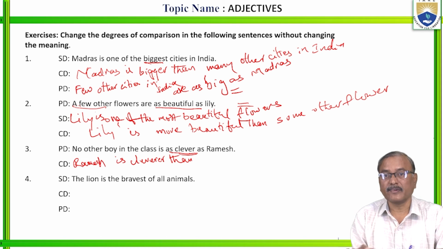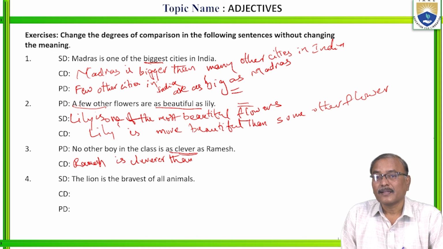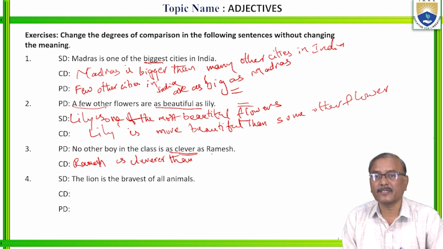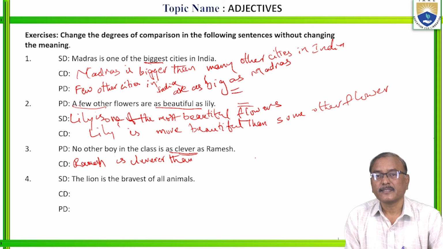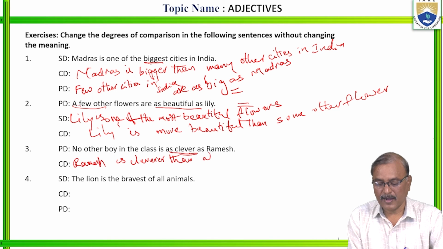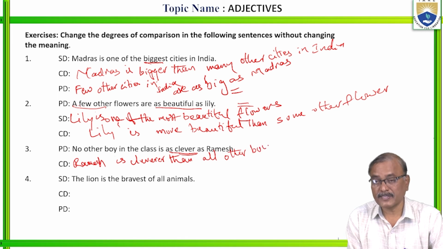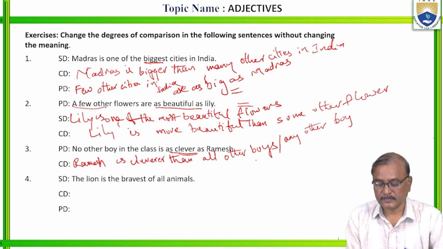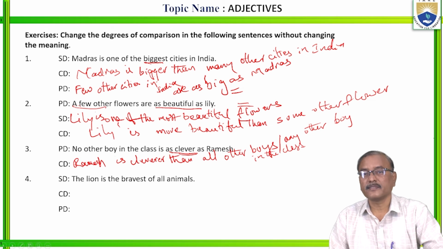Ramesh is cleverer than... Is he cleverer than all other boys? Yes, because no one is equal to Ramesh. So Ramesh is cleverer than all other boys, or you can say any other boy, in the class. Right?